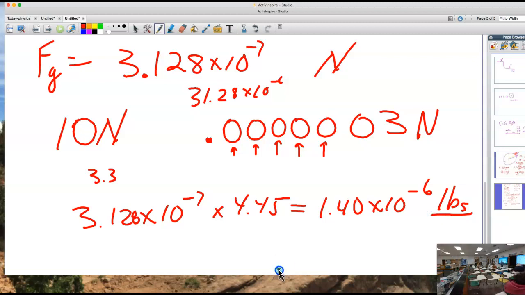So that would be the equivalent of 0.0000014 pounds of force. Oh, I got you. So pretty small, right?